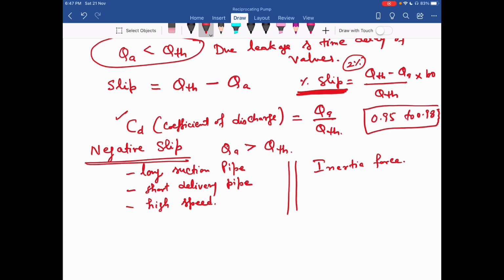Some of the water is pushed into the delivery pipe before the actual delivery stroke starts. This way, the actual discharge becomes more than the theoretical discharge. Or you can say, when this happens, my CD is greater than 1 and slip becomes negative.